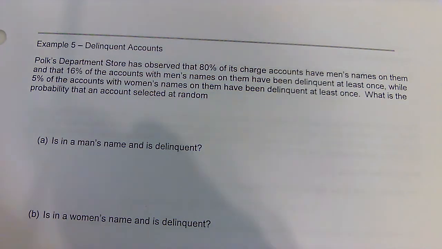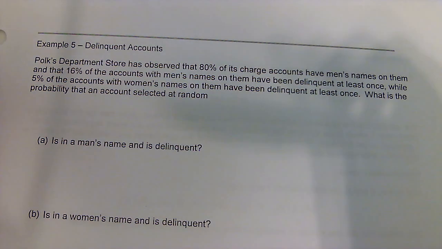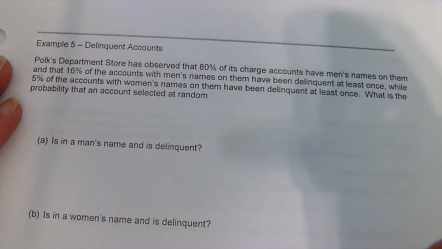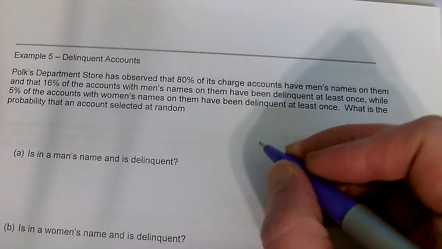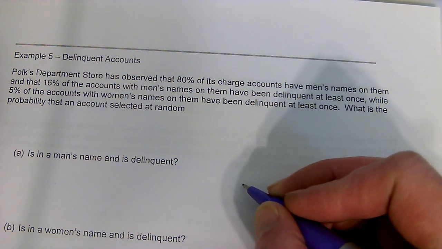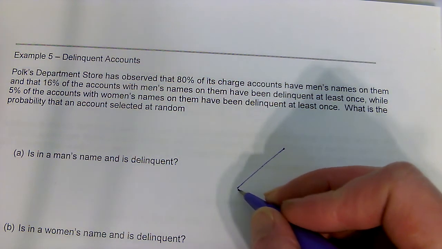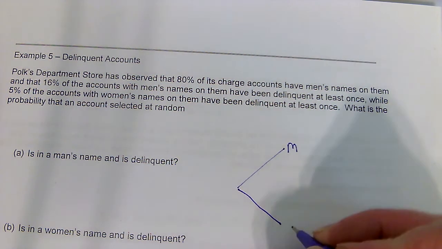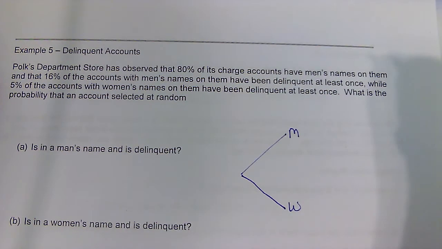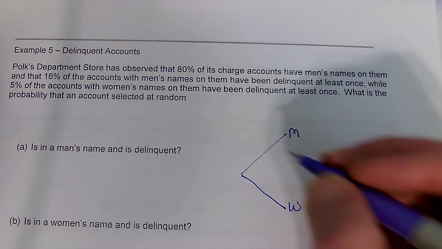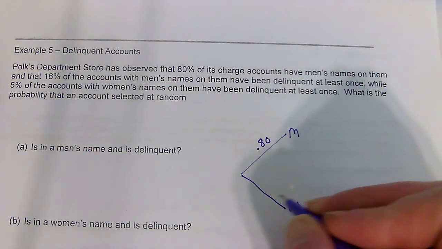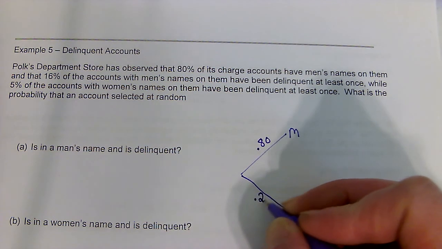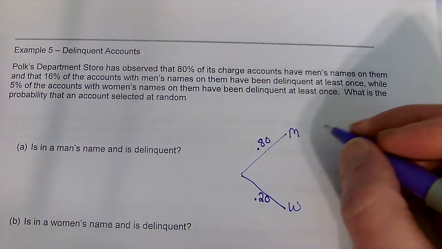So first off, let's see how this would work. So let's do a diagram. So when I pull a charge account, it's either going to be a man or a woman, right? The probability of it being a man is 80% or 0.80. So the probability of it being a woman is 0.20.